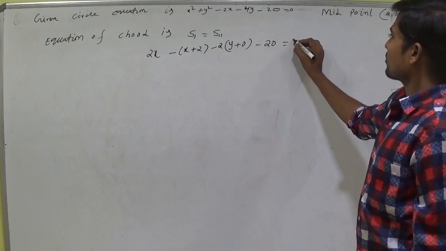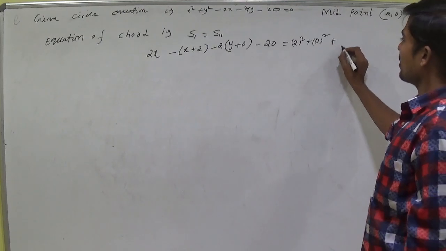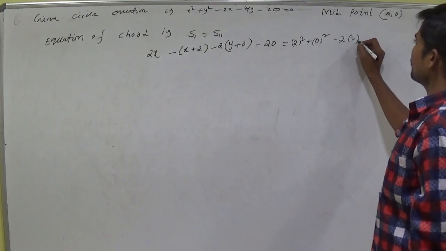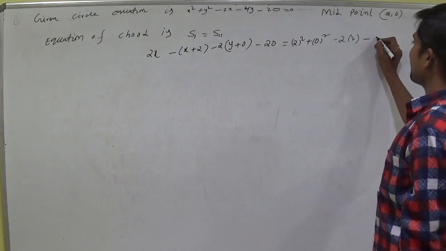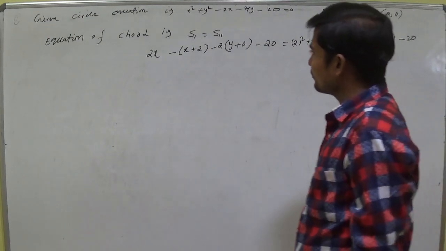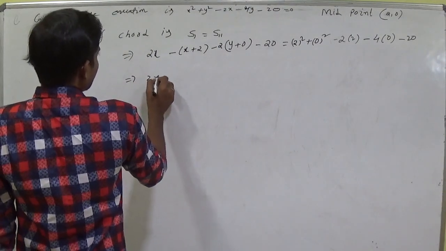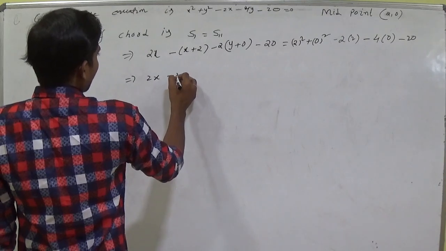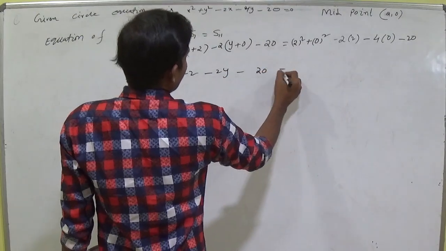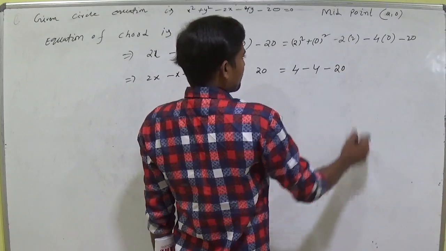So 2 square plus 0 square plus 2g x1, so minus 2 into 2, and 2f y1, 4 into 0, minus 20, right? So 2x minus x minus 2 minus 2y minus 20 equal to 4 minus 4 minus 20.